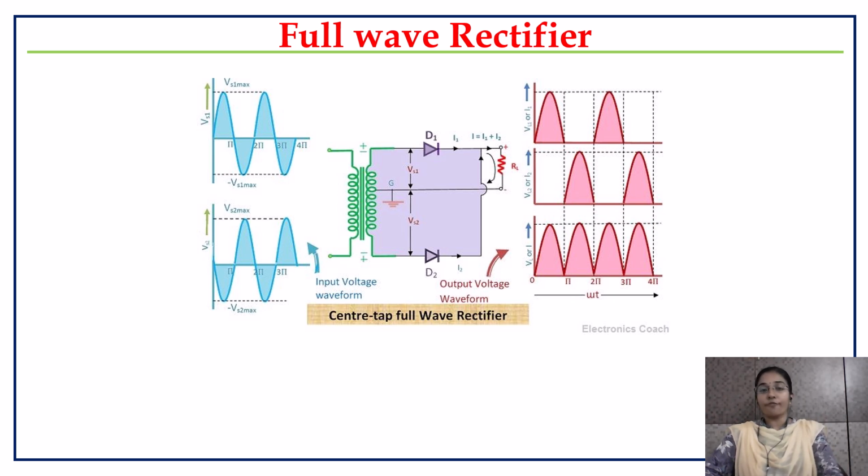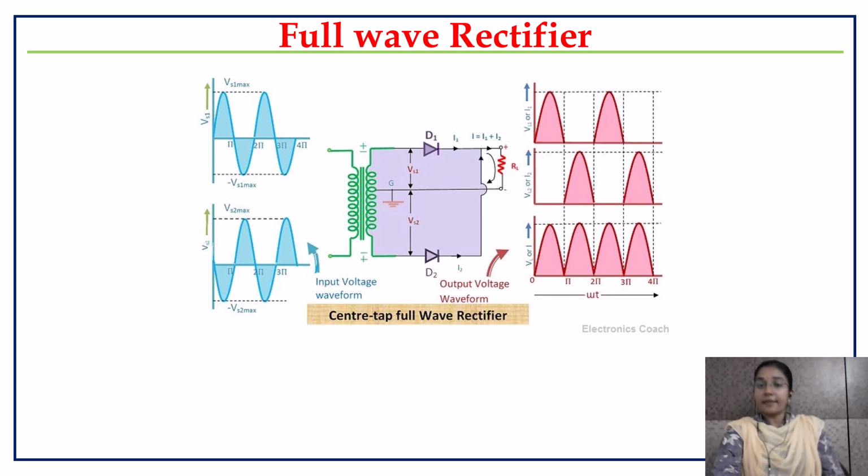For one portion of my input signal, diode D1 will be forward biased and diode D2 will be reverse biased. For the other portion, diode D1 will be reverse biased and diode D2 will be forward biased. By combining the outputs of diodes D1 and D2, I'll get my output waveform, which will be DC in nature.